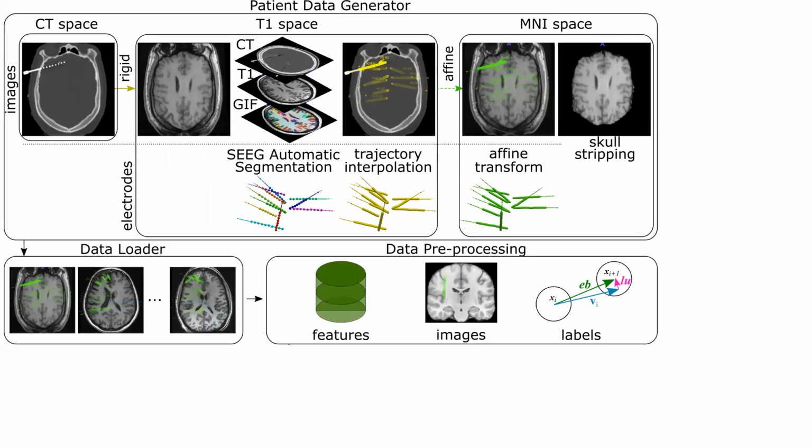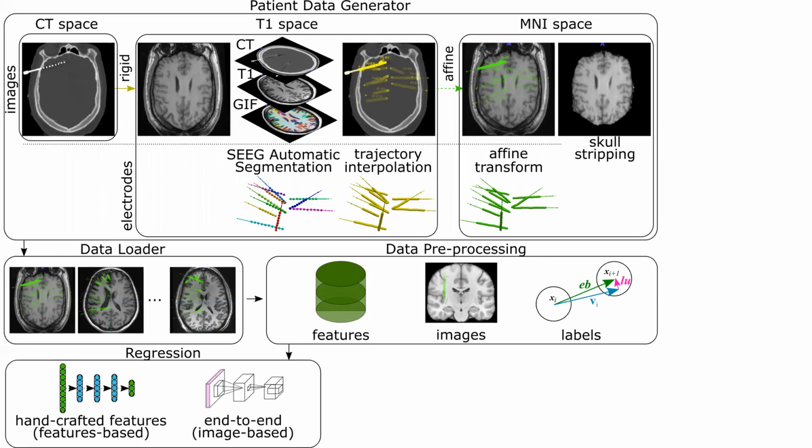Then we load all the available cases in MNI space and generate data necessary for training in the form of pictures and image windows along electrode trajectories that are used as inputs, as well as two vectors that are used as labels. Once pre-processing is done, we use inputs and labels to train a features-based and an image-based model.